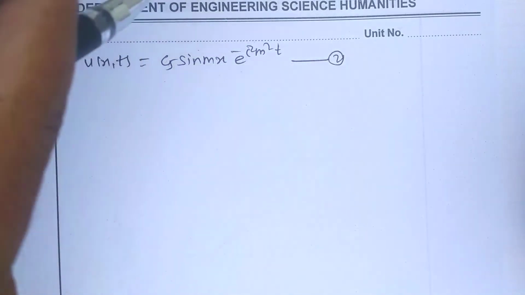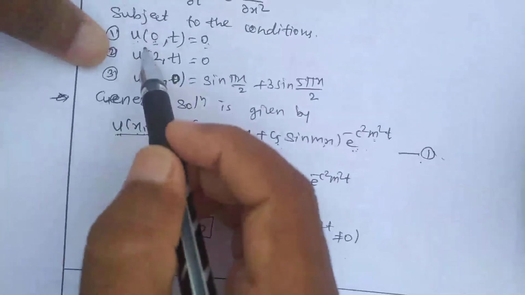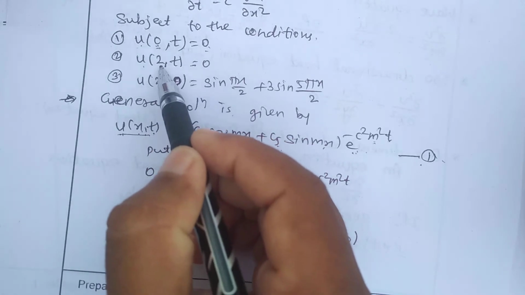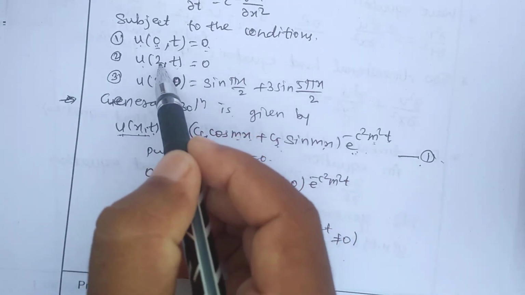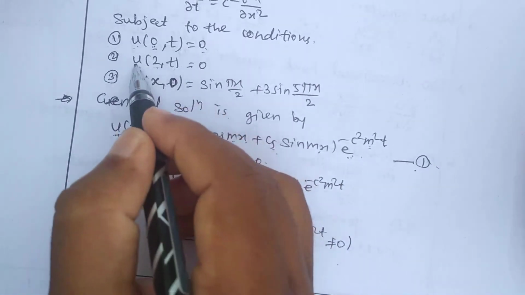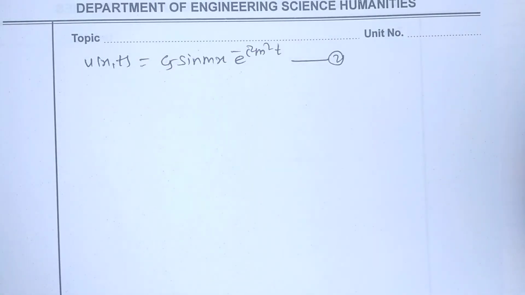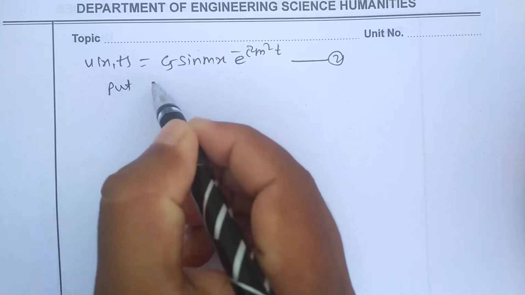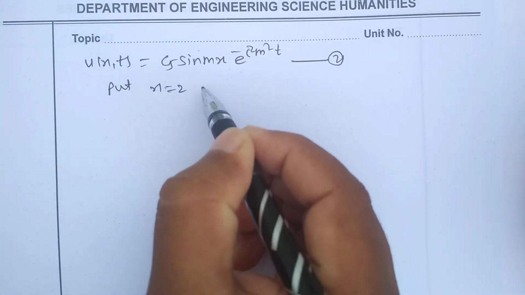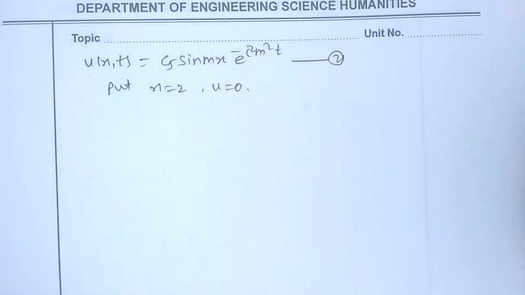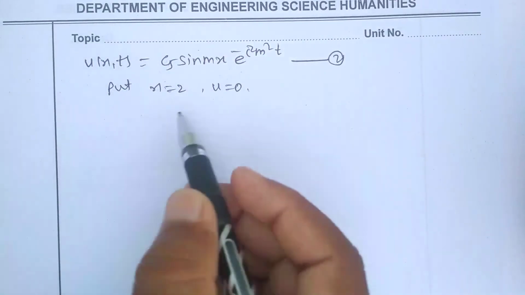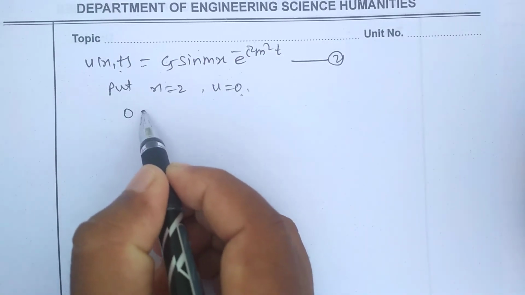Now use the second condition. What is the second condition? The second condition is u(2,t) equals 0. That means you have to put the value of x as 2. You will get u equals 0. So put x equals 2, this gives u equals 0. Put it in this equation. So the left hand side is 0.